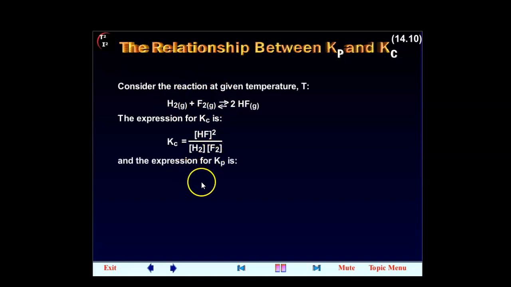And the expression for K sub P is K sub P is equal to the partial pressure of HF to the second power divided by the partial pressure of H2 times the partial pressure of F2.